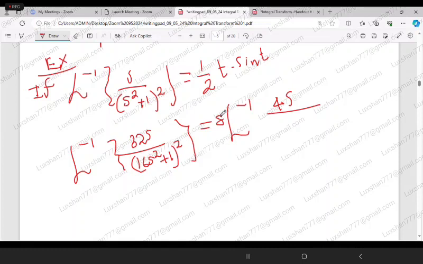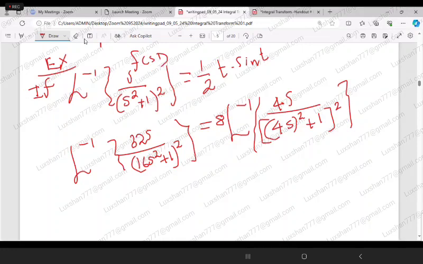Therefore, I am taking my 8 here. 4s whole square plus 1, whole squared. So I know the value of this one. So this is my F of s.